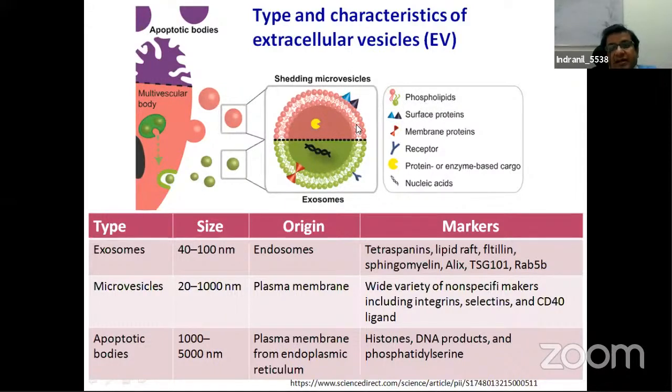Their plasma membrane compositions have a very close resemblance to the cell's own membrane. So altogether, because these vesicles contain bioactive molecules and their plasma membranes have native compositions, they have been a point of interest for research in recent years.